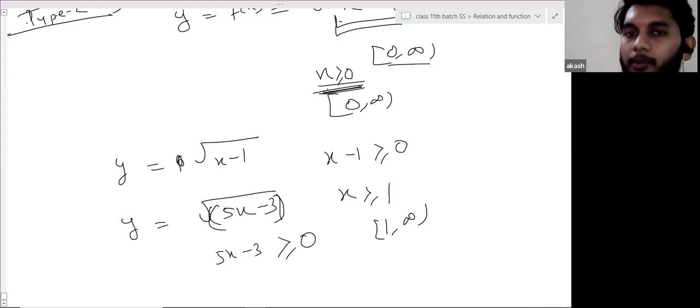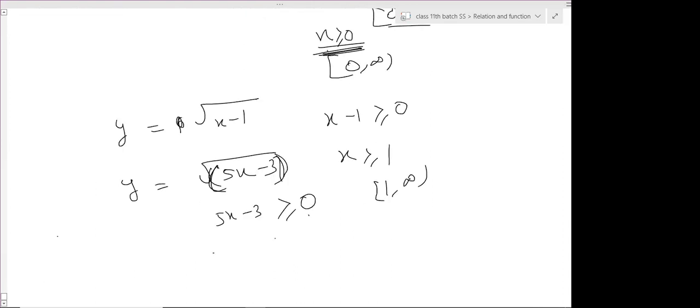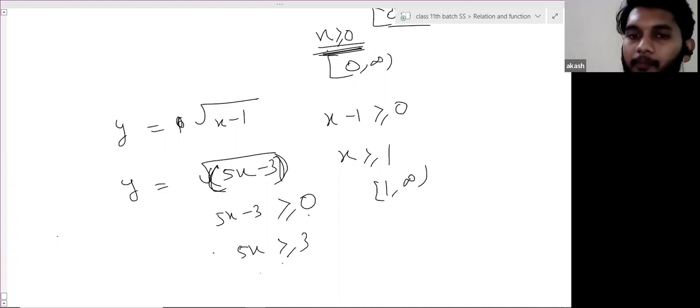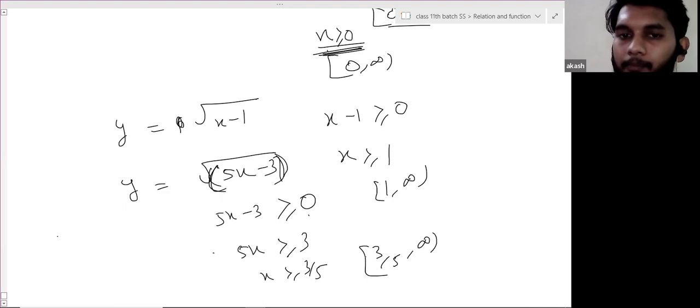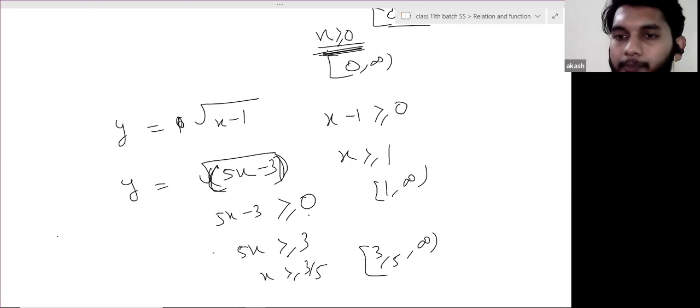So I took this whole masala and wrote it as greater than equals to 0. Is this step clear? Yes. So now we can solve this. 5x should be greater than equals to 3. X should be greater than equals to 3 by 5. So the answer is 3 by 5 to infinite. I hope this is clear to both of you.